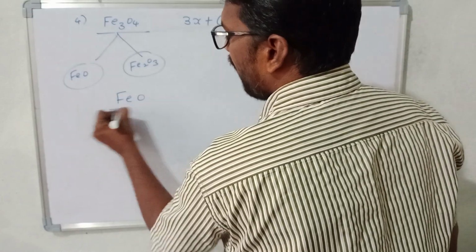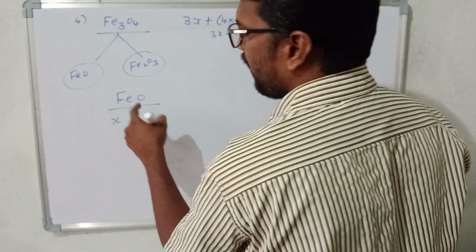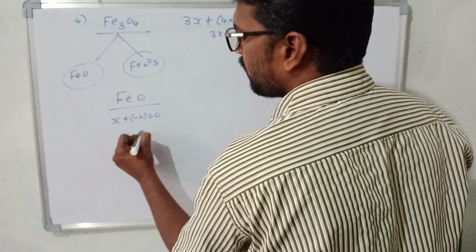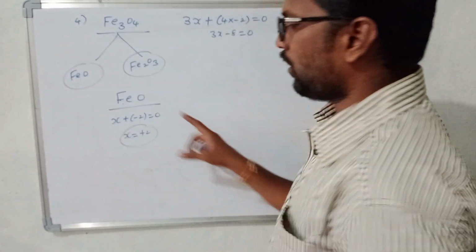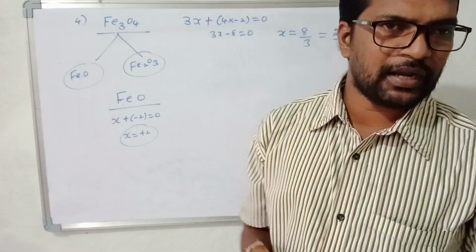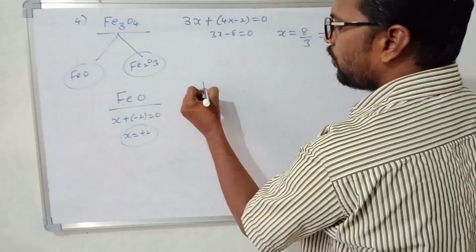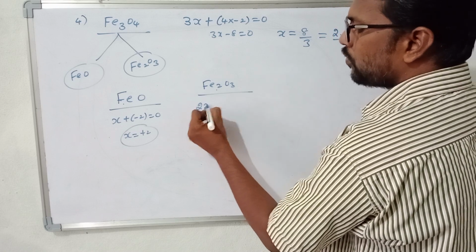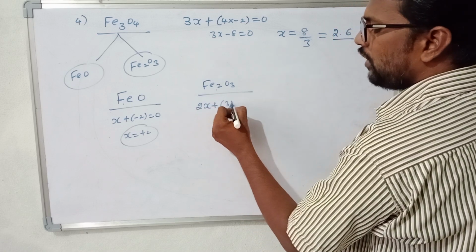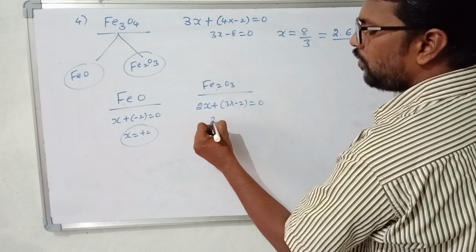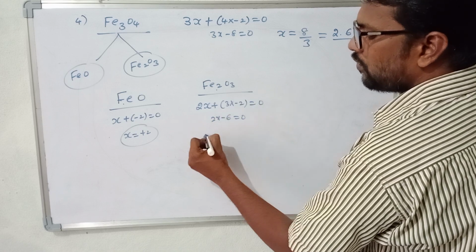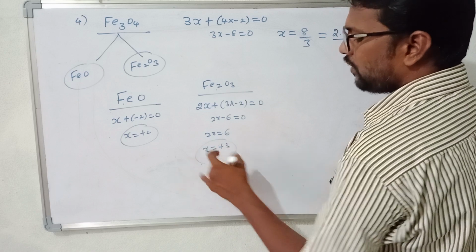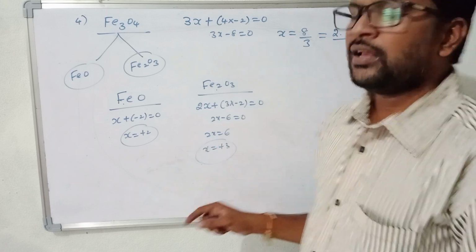In FeO, the iron oxidation state can be taken as x, oxygen is -2, equal to 0. So x is equal to +2. In Fe2O3, ferric oxide, iron is present 2 times, 2x plus 3 oxygens, 3 into -2, equal to 0. So 2x minus 6 is equal to 0, 2x is equal to 6, x is equal to +3. So the oxidation state is +3.